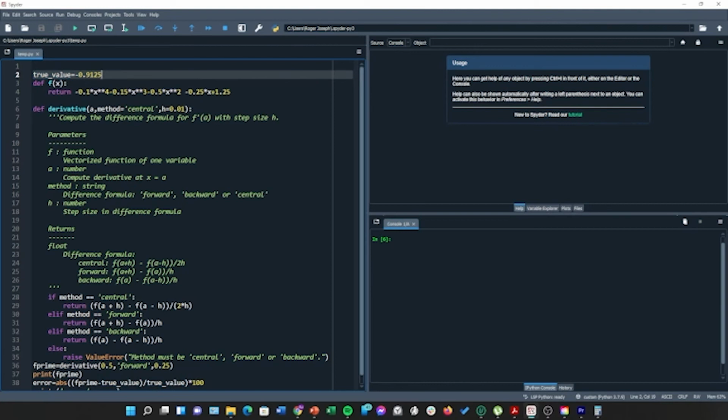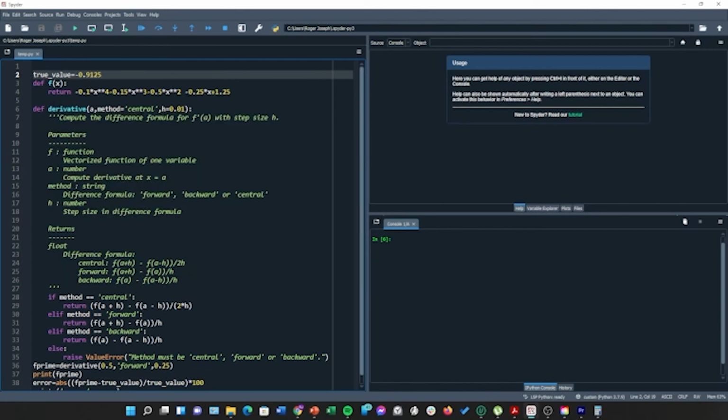Then I define a function f of x, which is equal to negative 0.1 times x to the 4 minus 0.15 times x to the 3 minus 0.5 times x squared minus 0.25x plus 1.25.